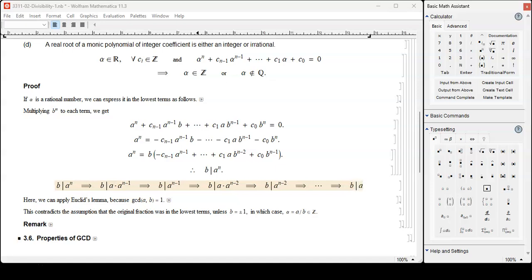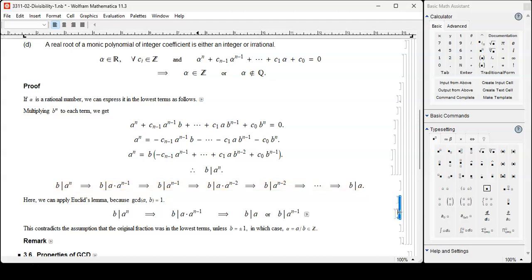Eventually it divides a. But that's not possible, you see. a and b are relatively prime. So this is a contradiction unless b is 1 or negative 1. In that case, the denominator is 1 or negative 1. So the fraction a over b is an integer.